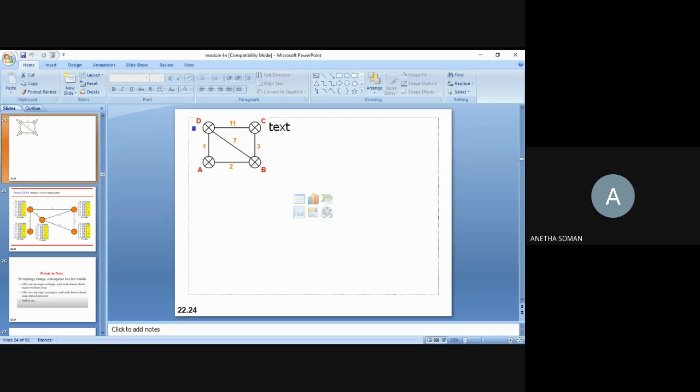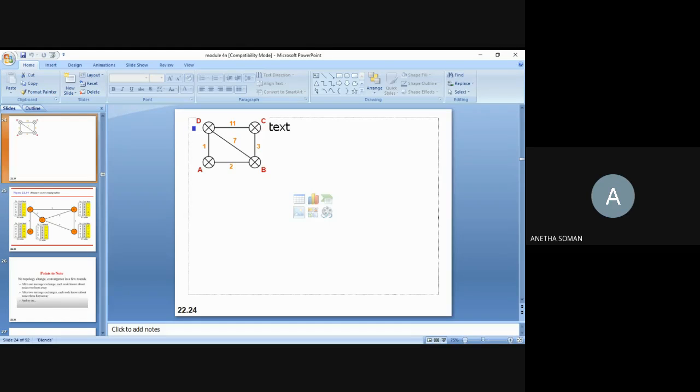Once every node has created their routing table, each node exchanges the distance vectors with all the neighbors in the network. Whoever is adjacent to them, they will share that information with their neighbors. Based on that, they newly create their routing table, and that updation is mainly done on the basis of this Bellman-Ford algorithm.